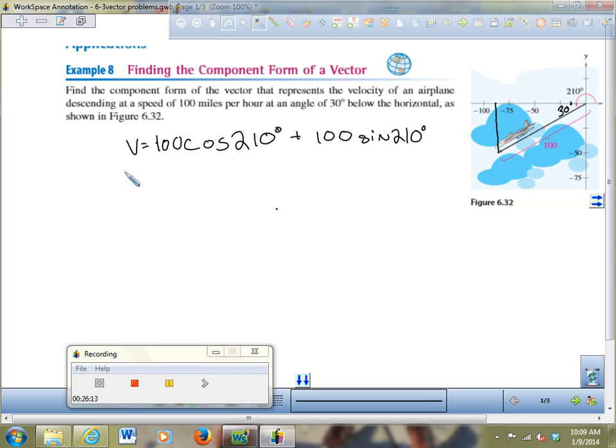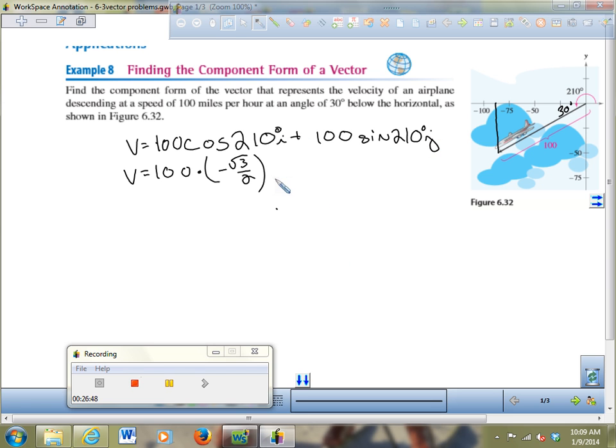Okay, so v equals 100. Anyone know what the cosine of 210 is? Negative or positive? Negative, and that's the same as the cosine of 30 degrees, which is what? We already did this one. Negative root 3 over 2. Okay? Whoops, I forgot my i component and my j component over there.